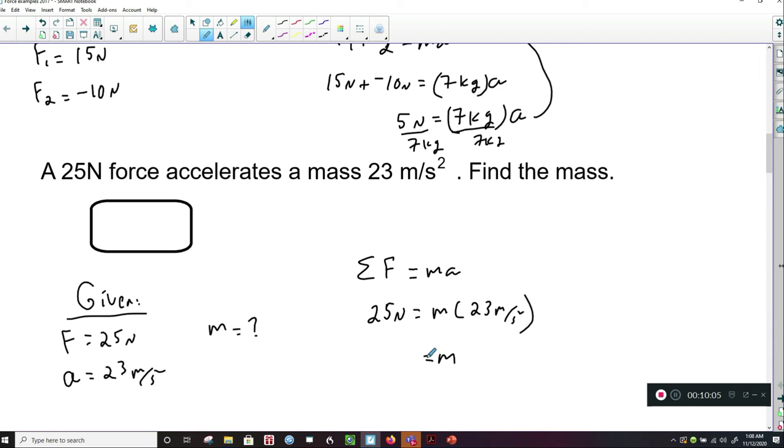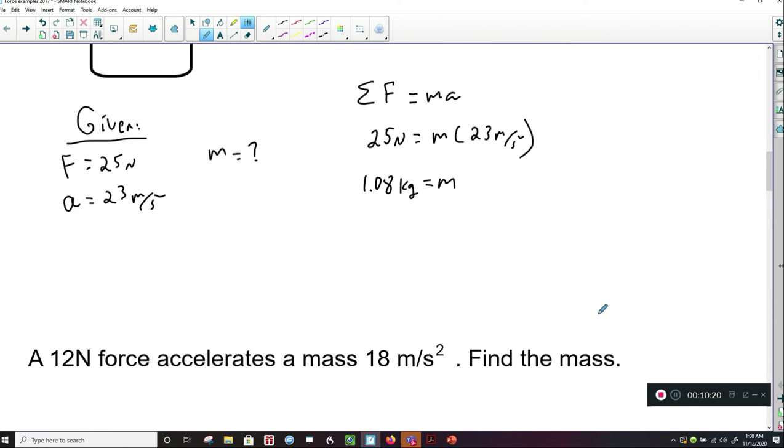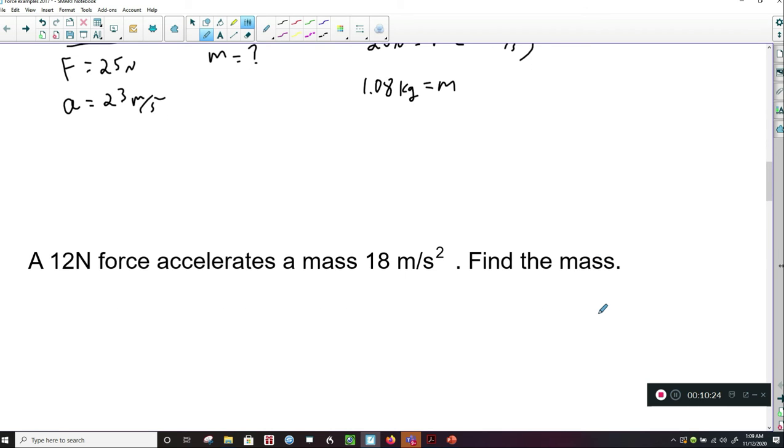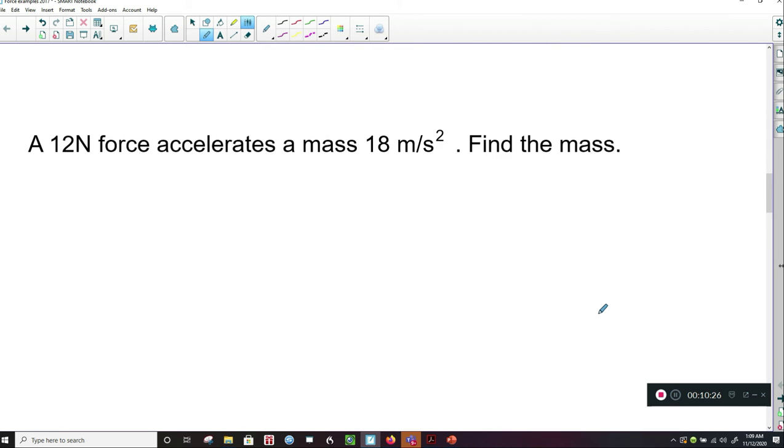So the mass is equal to 1.08 kilograms. Okay, that is how we do these. And let's see, you try this one. So again, go ahead and give this one a shot.